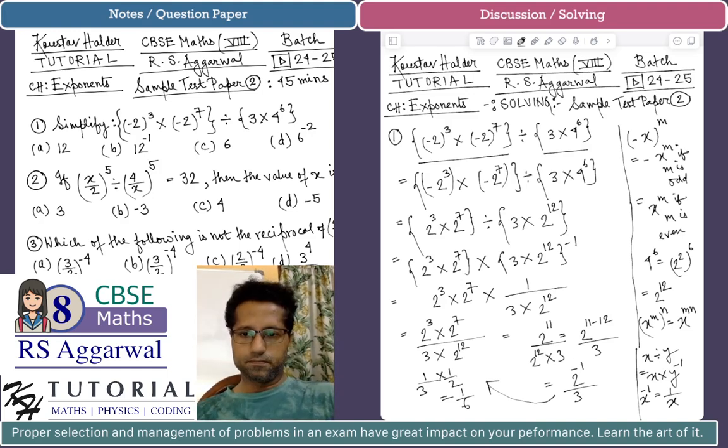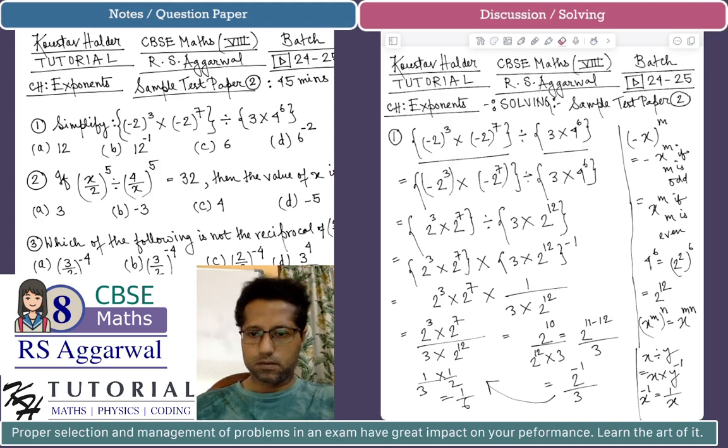Let me see. Okay, so 2 to the power 3 multiplied by 2 to the power 7 will be 2 to the power 10, not 11. So it will be 2 to the power 10, and here I will have 10 minus 12, and this will be 2 to the power minus 2. 2 to the power minus 2 means the reciprocal of 2 square, so this will be 1 by 2 square.